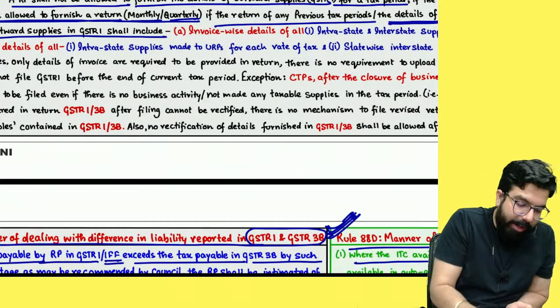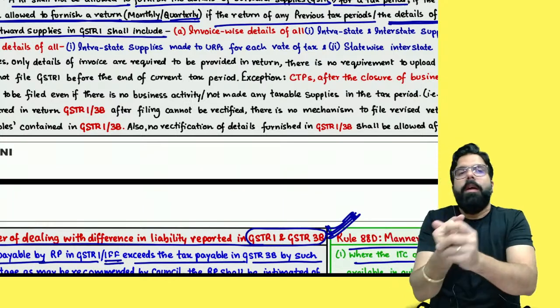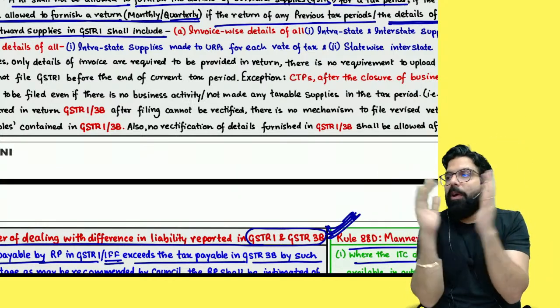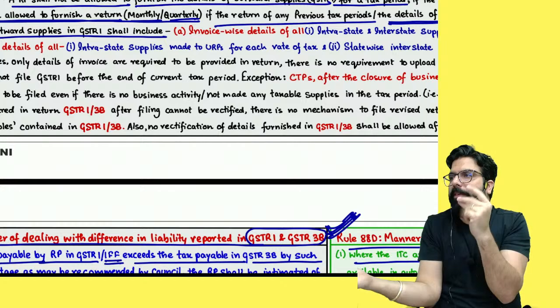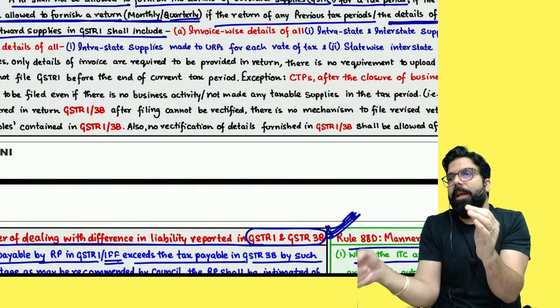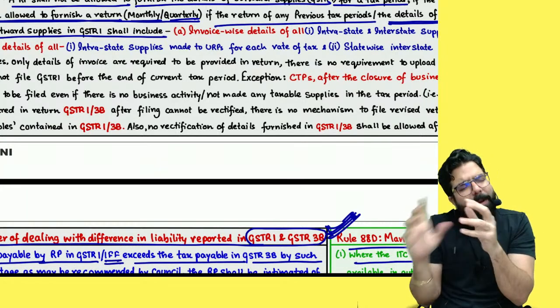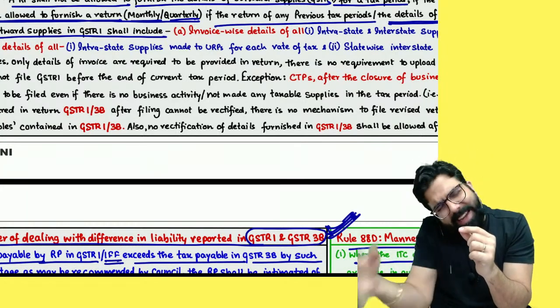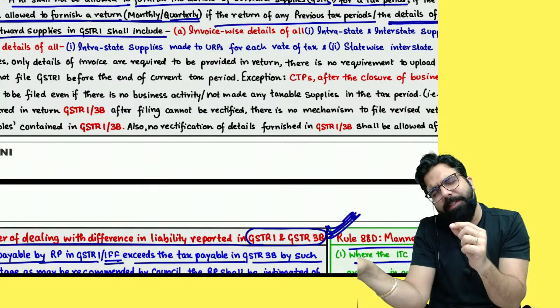See everyone what they are telling. Tell me one thing. In GSTR1, I have to put the invoice ka detail. If I have sold to a registered person, can I give consolidated detail or invoice wise detail? Invoice wise detail. If I have sold to an unregistered person, intrastate, can I give consolidated detail?